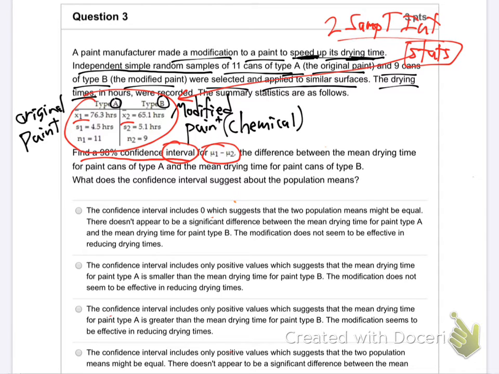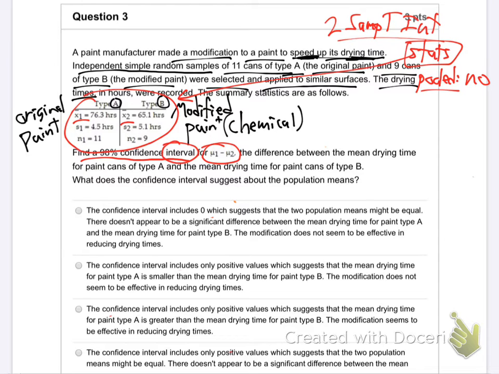So X1 is 76.3, S1 is 4.5, N1 is 11, X2 is 65.1, S2 is 5.1, N2 is 9, confidence level 98%, pooled is always no, calculate. So whenever they ask you for pooled, you always say no.